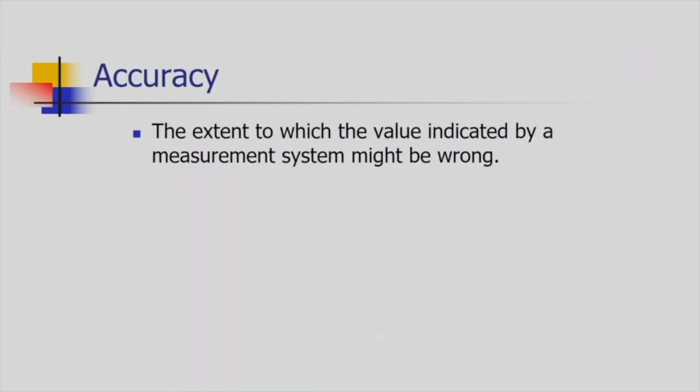So, the next term of the performance of a sensor is the accuracy, which is widely used. The definition of the accuracy is there in front of your screen. We are defining the accuracy as the extent to which the value may go wrong from the expected value.